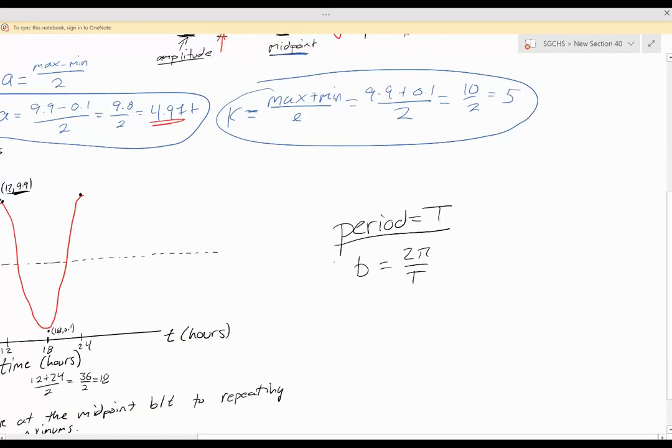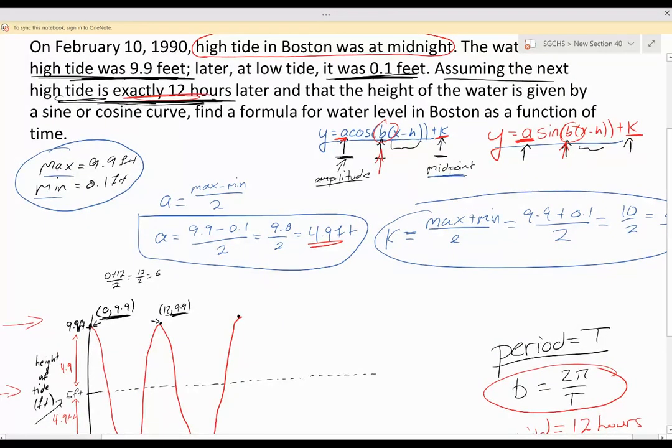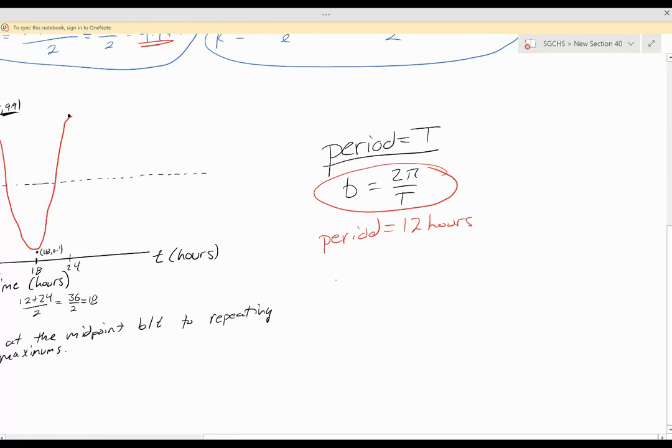Well, B is simply related to the period. Remember, the period in this case is every 12 hours. Your maximums, your high tides repeat exactly 12 hours apart. So here, B will equal 2 pi divided by 12, and you can simplify that to pi over 6. So B equals pi over 6.